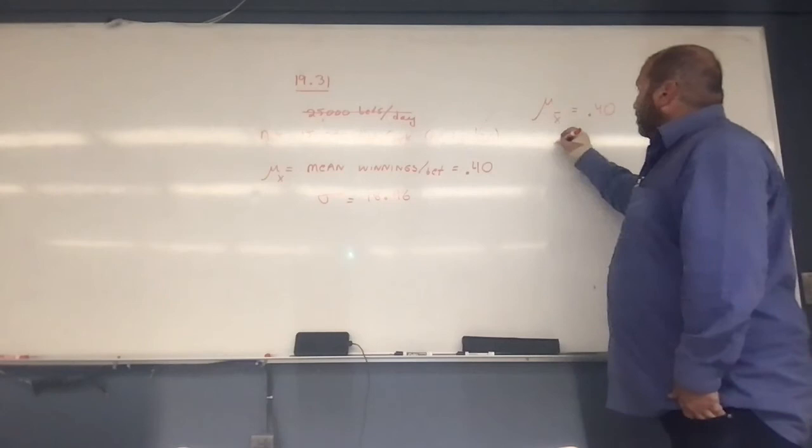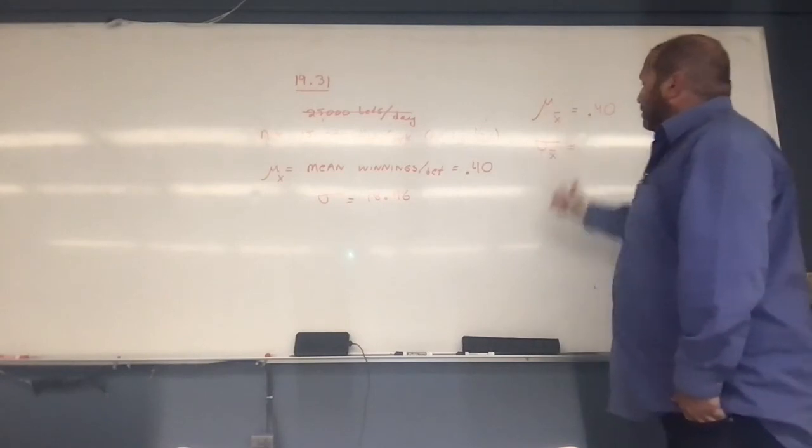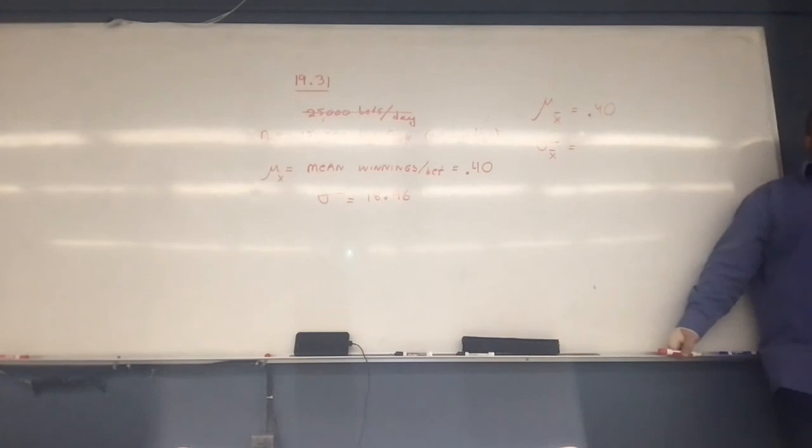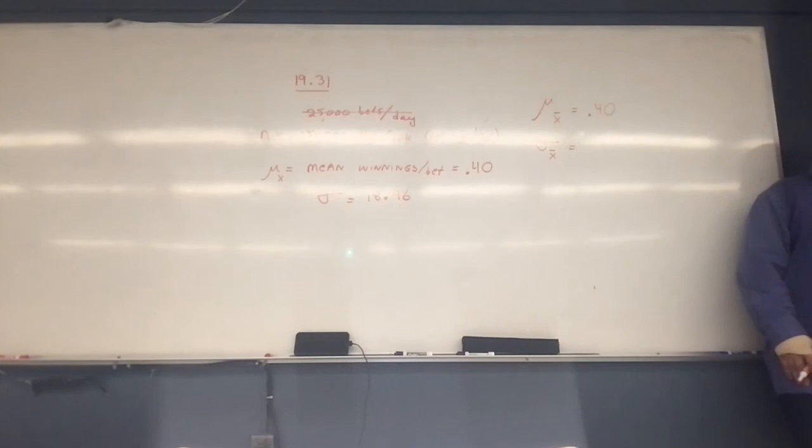What is my sigma for the average, for the average X bar? How would I calculate that? What's sigma X bar?